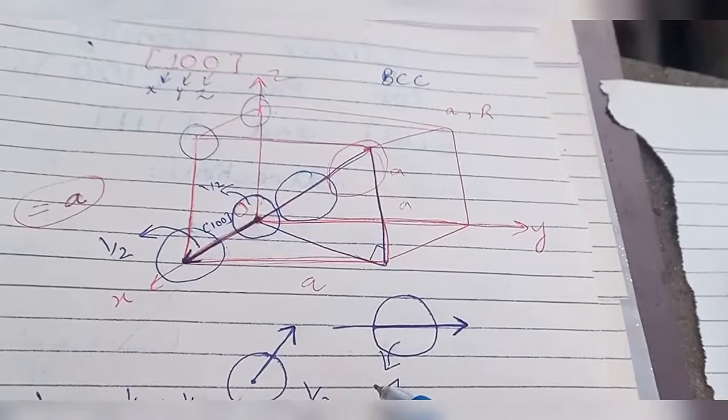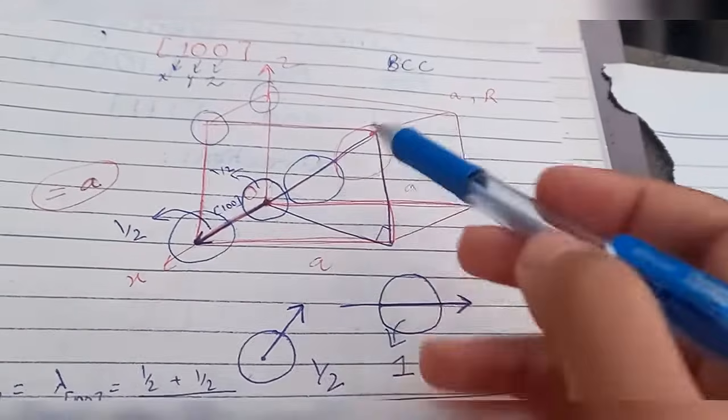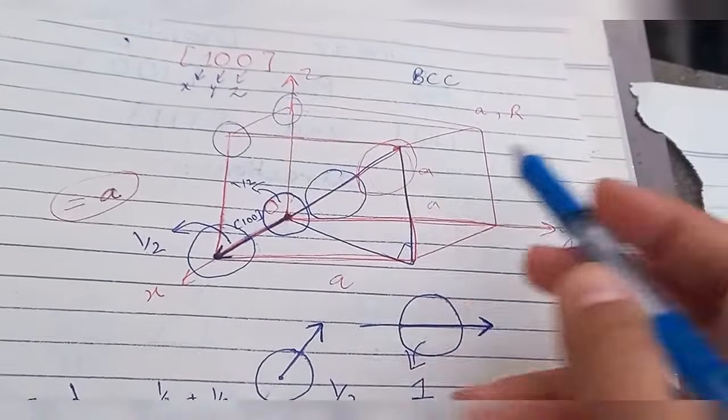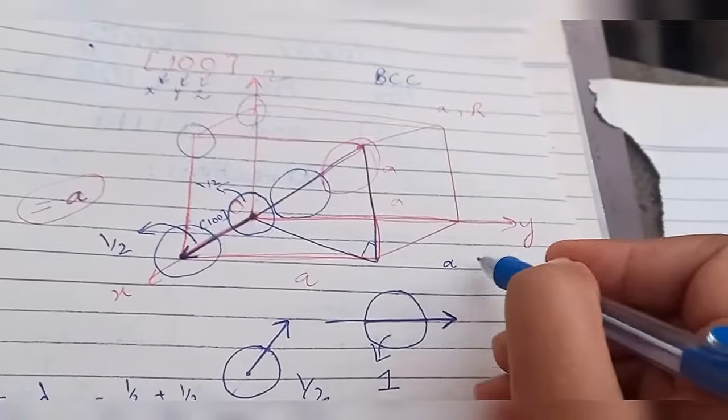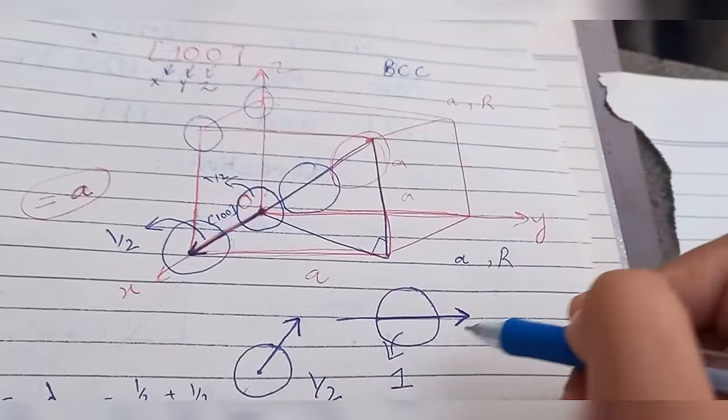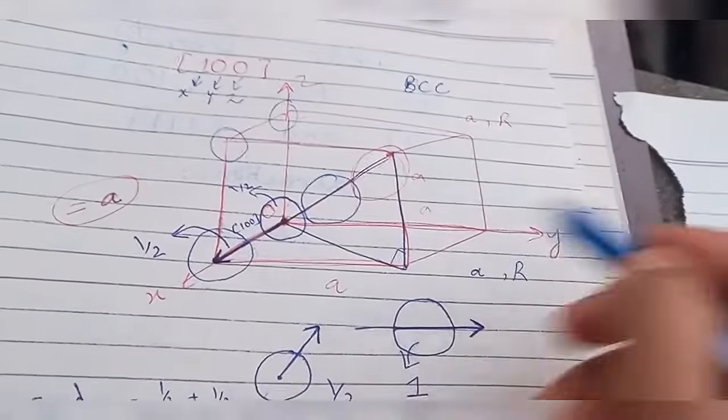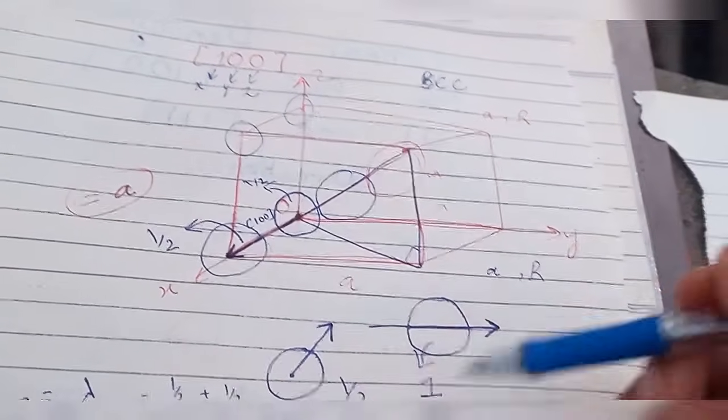It is not necessary that you derive it every time you find the linear density. You can also remember the relationship between a and R, the lattice parameter and atomic radius for BCC. You can directly remember it or derive it, it's your choice.